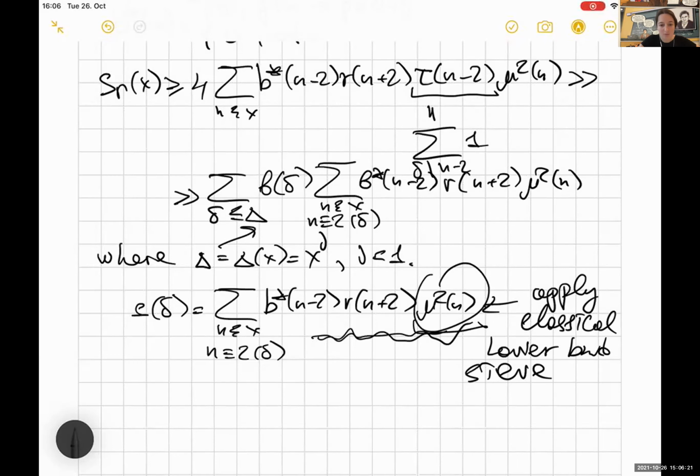Morally this is what happens. Another technical moment that I wanted to tell you is that it seems you kind of lost this square root of log here, but you are going to gain it again here. So overall you are going to get the correct bound.